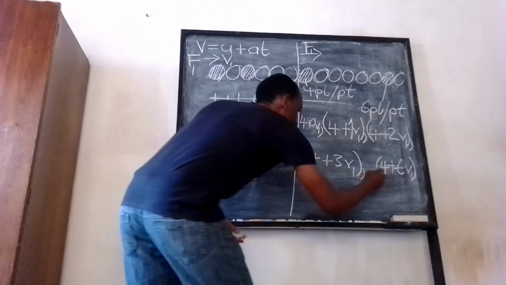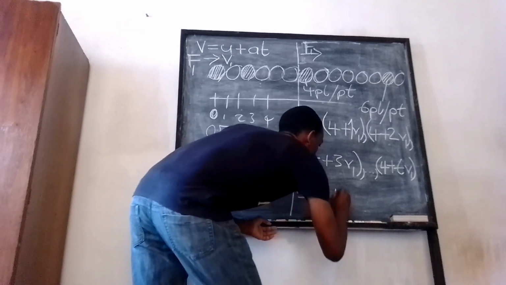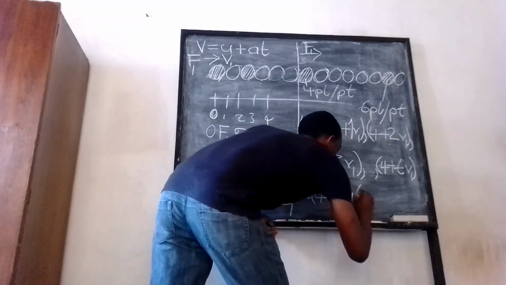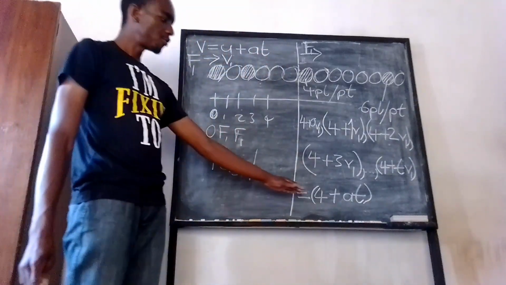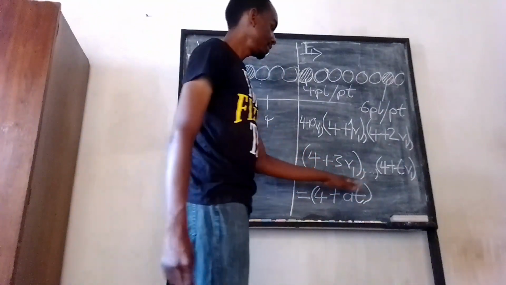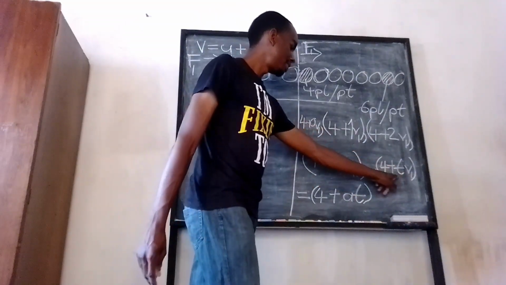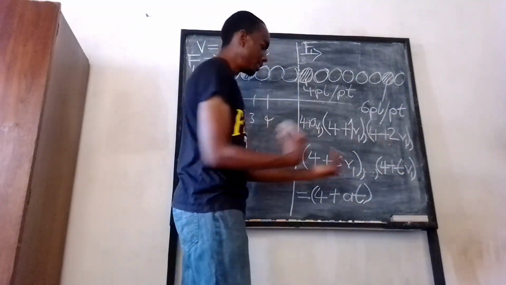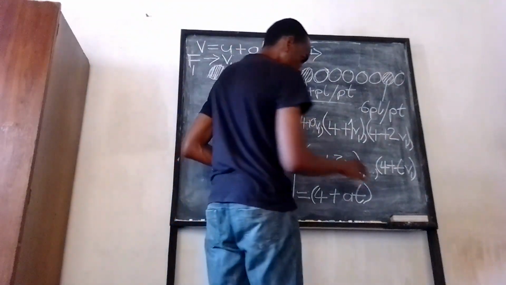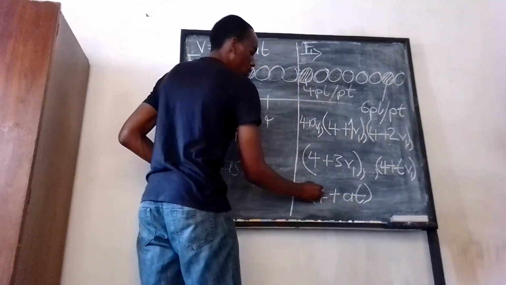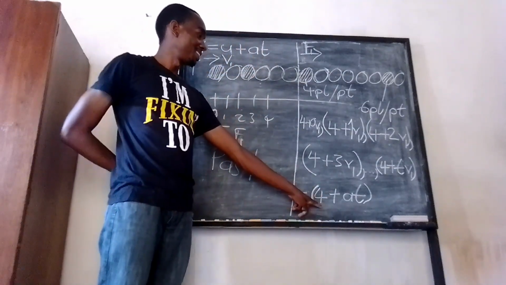So this is simply equal to 4 plus at. Can you see it? 4 plus at. This a is simply the V1. The t is this t. We simply rearrange the terms in the expression. Okay, look at this now. 4 is the initial velocity.